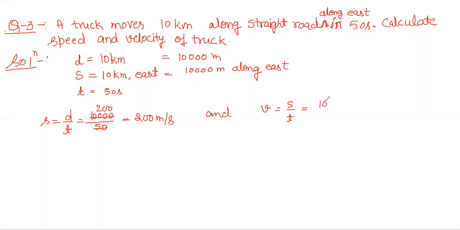Displacement is again the same, so velocity is 200 meter per second, and velocity has the same direction as the displacement, along east. So this will be the difference. In speed there is no direction, but in velocity there should be the magnitude as well as direction.